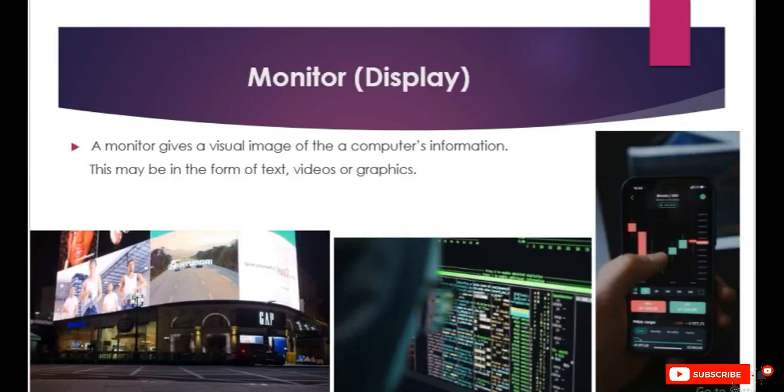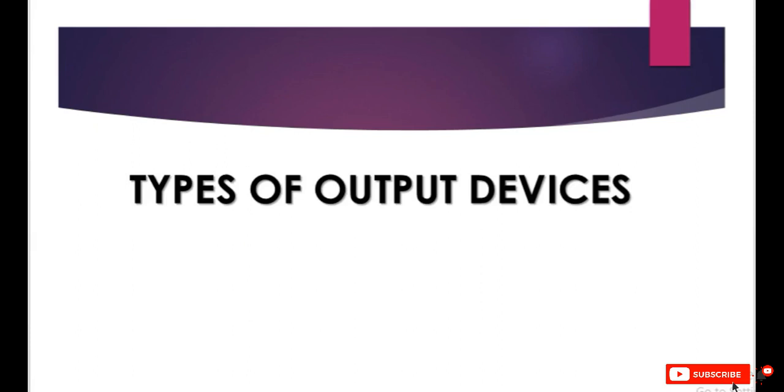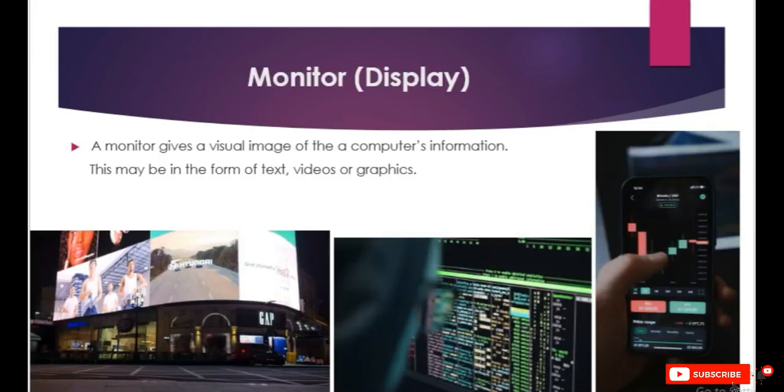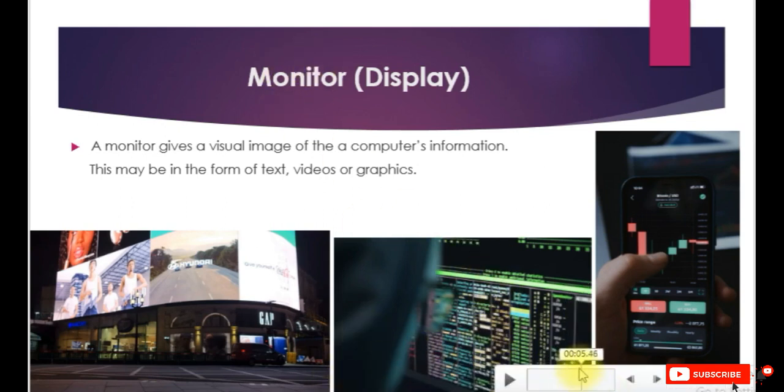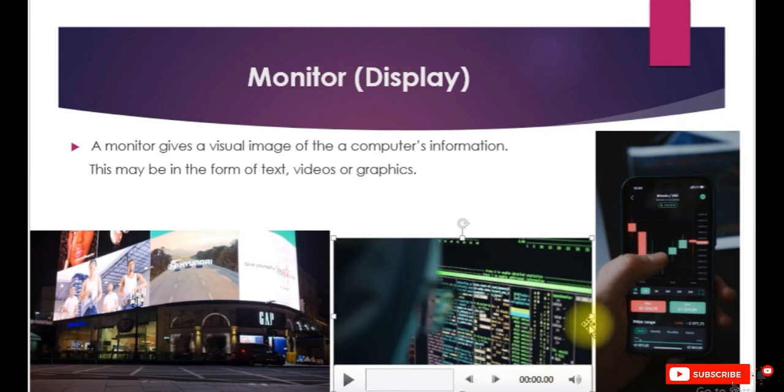Now, in terms of the types of output devices, we're going to get our hands dirty here now. The first device I'm going to be looking at here is a monitor. The monitor is essentially the display. So that is what enables us now to view the information. And this may be on something like a monitor, as in the screen of a desktop computer, for instance, or a laptop.